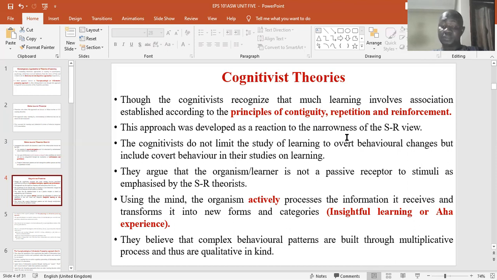So they believe that behaviors that we learn are acquired through a multiplicative process, that's qualitative in kind, that we don't judge learning based on how increased it has become, but how qualitative it is. And they say multiplicative because a lot of things occur in the mind, from the neurons, and they fire from every angle, then they connect or bring to a consensus before you take an action. That is their view based on the point I just explained.